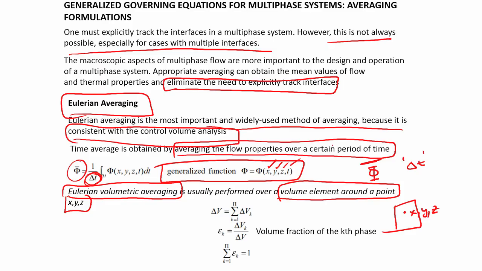If you look at this particular expression, it is performed across a volume element around a point x, y, z. I hope that makes sense now, what I am talking about. The total volume element is basically the individual volume elements that are occupied by each of the phases, right.